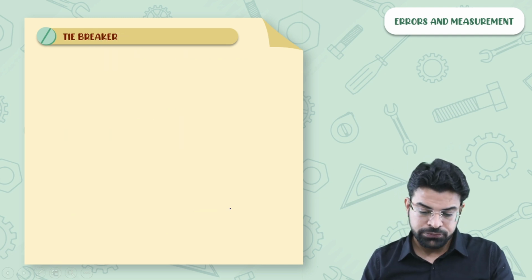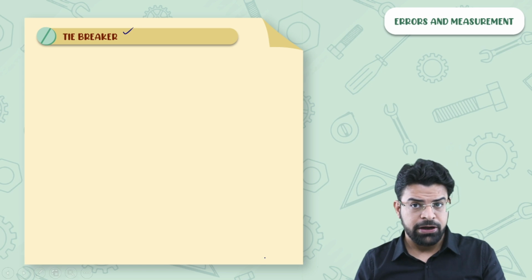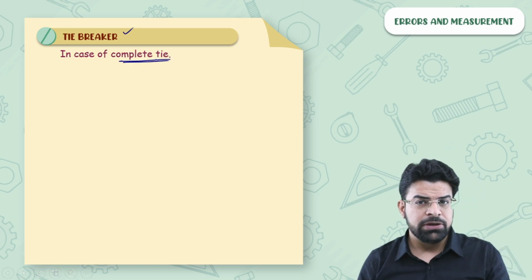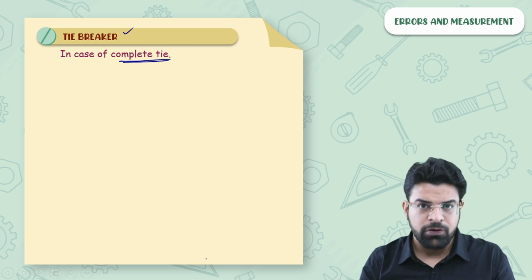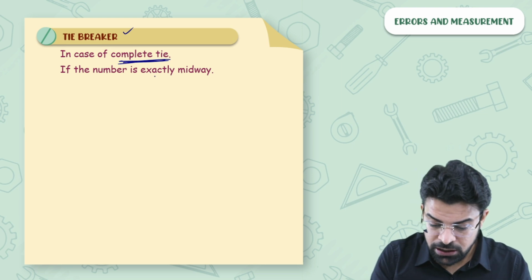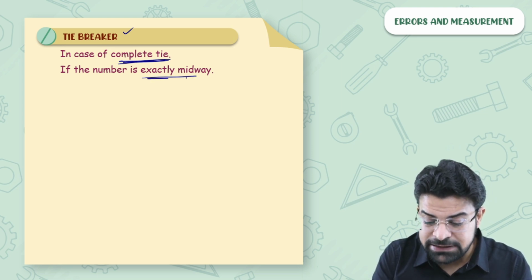Moving on to the case of tiebreaker. In the case of complete tie, what is the meaning of complete tie? I will explain. Listen. In the case of complete tie, the number is exactly midway.